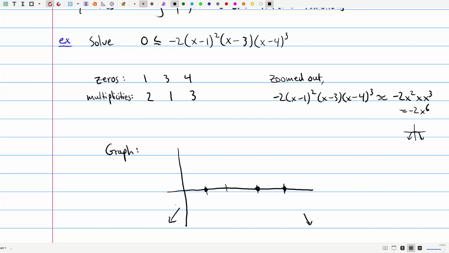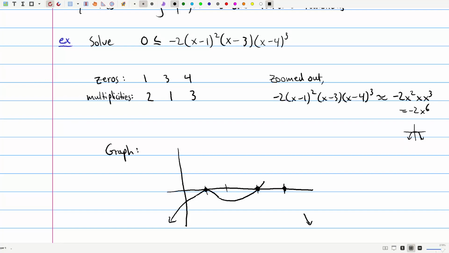And furthermore, when we go up to 1, it's multiplicity 2, so that means it looks like a parabola, but it's going to be an upside down parabola to meet the continuity condition for polynomial functions. Then the next one is a multiplicity 1 root at 3, so that means that we go through it like a line.